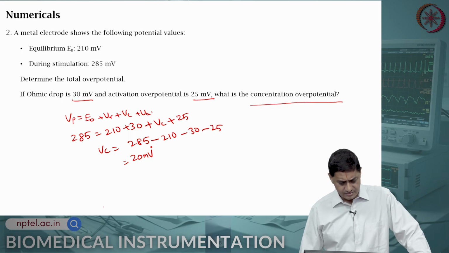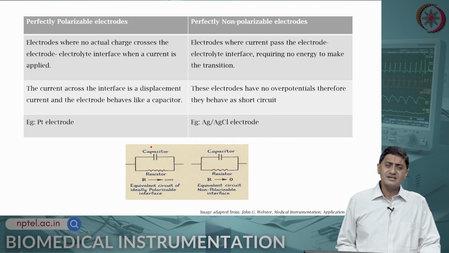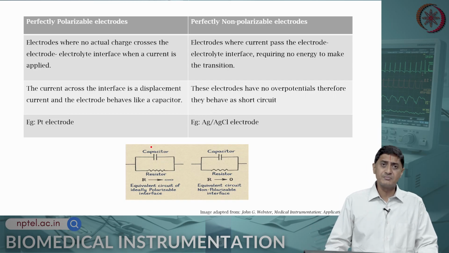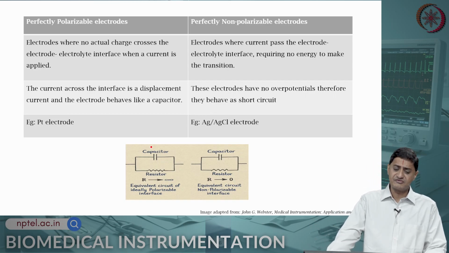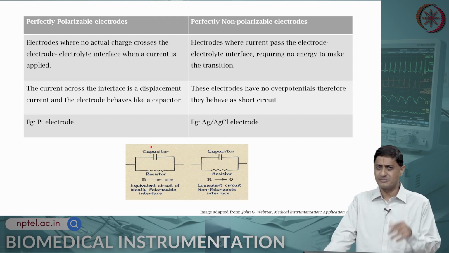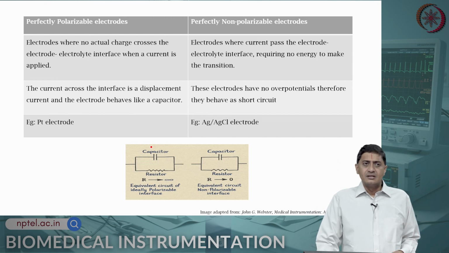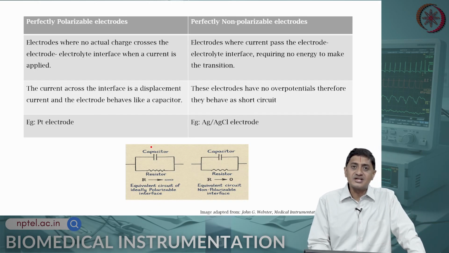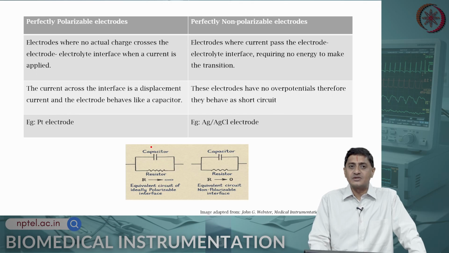Now, the other critical distinction is between perfectly polarizable electrodes and perfectly non-polarizable electrodes. Perfectly means nearly perfectly for a practical case. In a perfectly polarizable electrode, no actual charge crosses the electrode-electrolyte interface. So then what is the current?